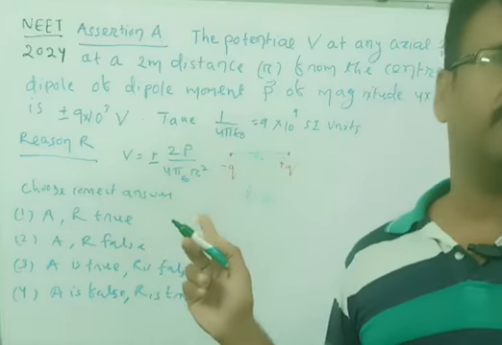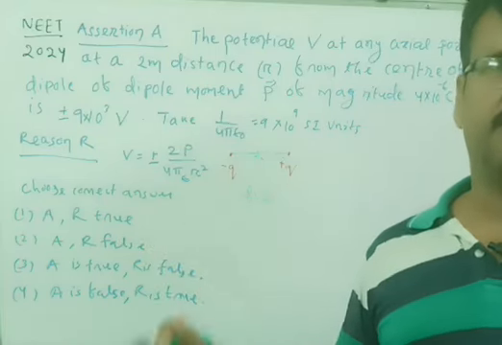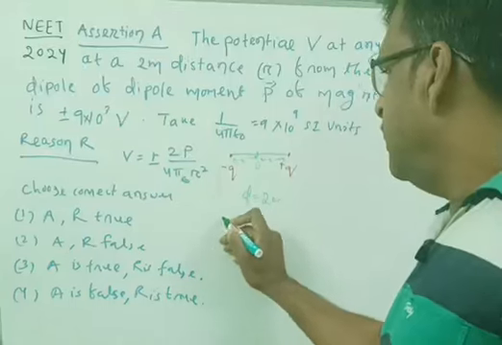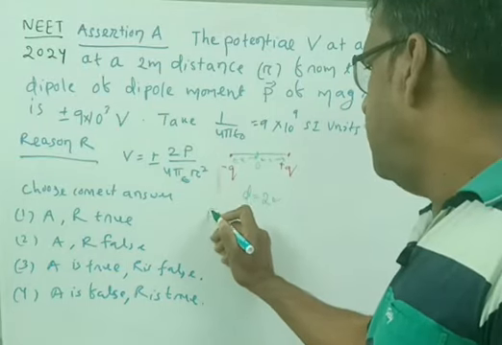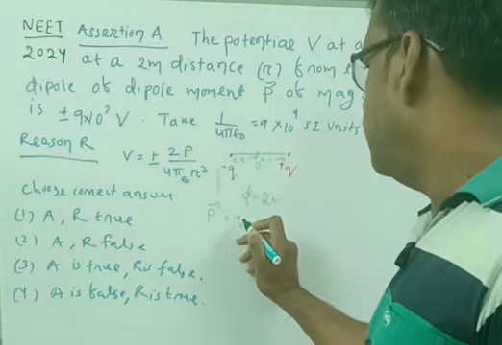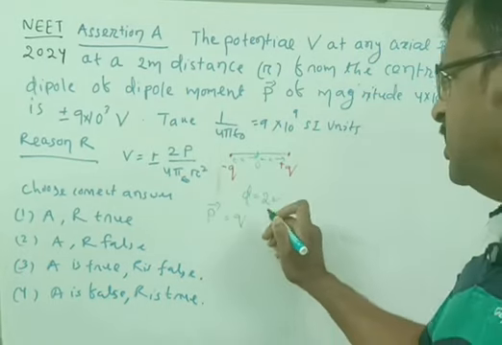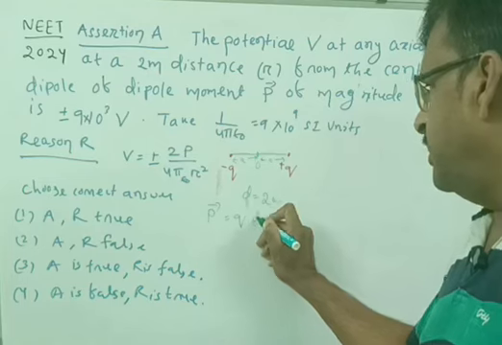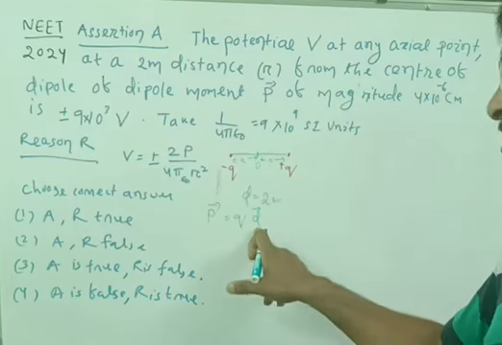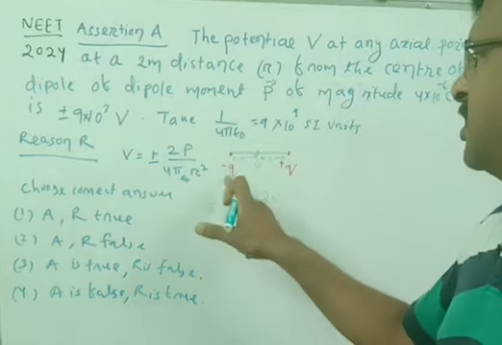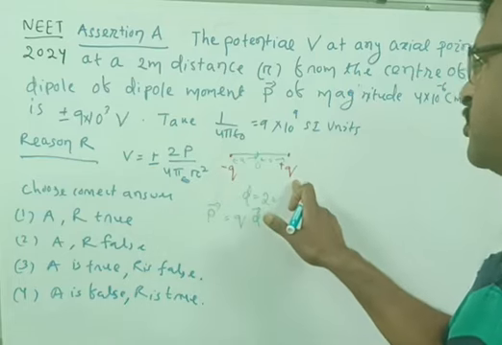And what is dipole moment of this dipole, student? That is defined as a vector P which is equal to Q, any of the charge, into D, the distance between them, and the distance vector is always taken as a convention from minus to plus.